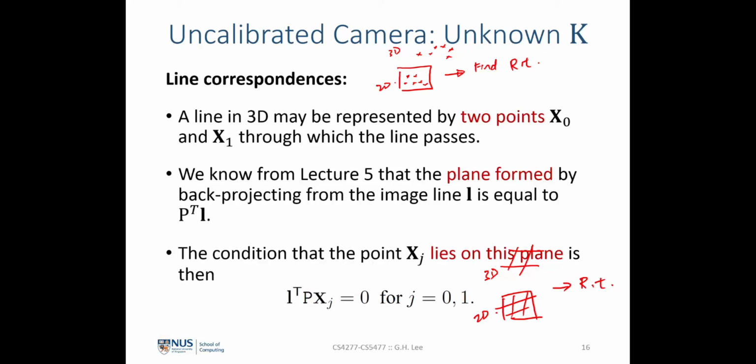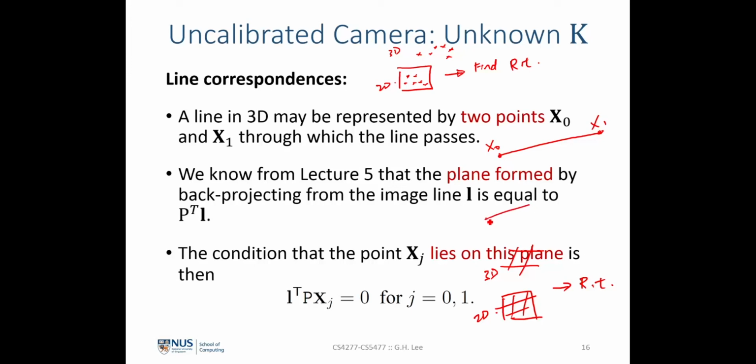So as a start, we'll first represent the 3D line. Suppose that this is our 3D line. We'll represent the two endpoints, or any 2 points on this 3D line, using a 3D homogeneous coordinate, which we call x0 and x1. And we know from the previous lecture that a line back projects to a plane.